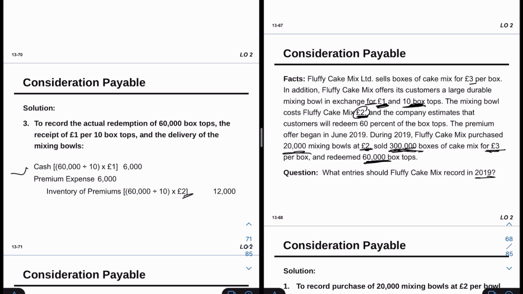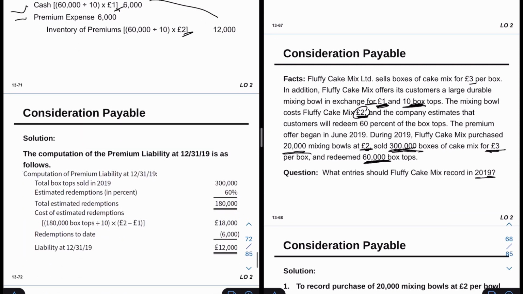So this is what we should have collected, but because we're offering it to our customers for only €1, we'll have 16,000 divided by 10, multiplied by 2. This is the inventory of offer premiums. And if you subtract the difference, you're going to have the amount of the expense, which is the amount that the company will lose because of that offer, the premium expense, which is 1,600.